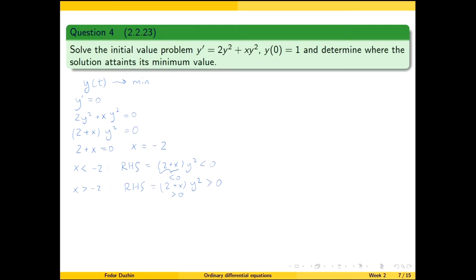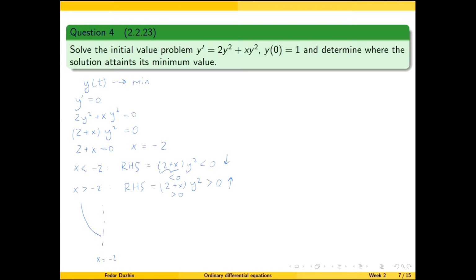So if x is less than negative 2, then since the derivative of the unknown function is negative, the unknown function is decreasing. And if x is bigger than negative 2, then the unknown function is increasing. So it was decreasing until the line x equals negative 2.